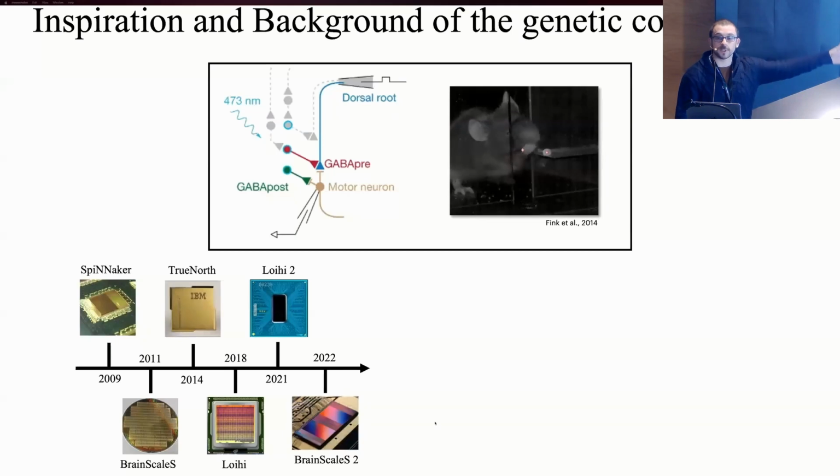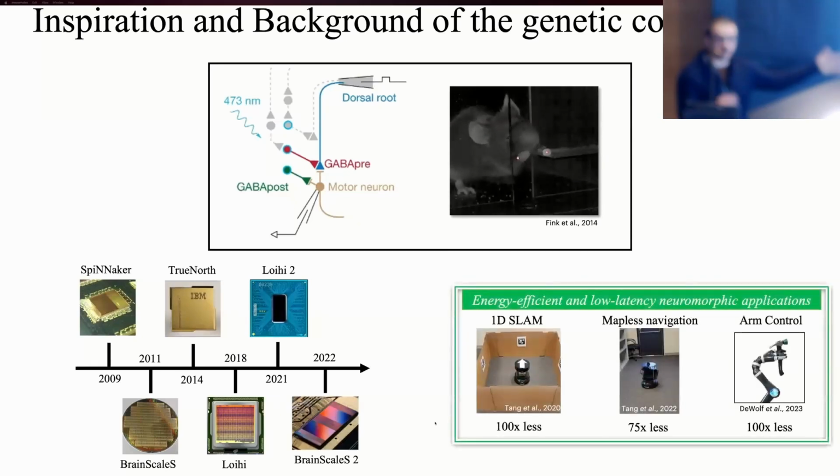There have been different chips proposed, and different iterations of them are getting better and better. They provide extreme energy efficiency and low latency for different tasks. The tasks that target neuromorphic hardware are mostly robotics, so that they can exploit these computational benefits. But we hope that there can be others that will also benefit from the provided advantages.